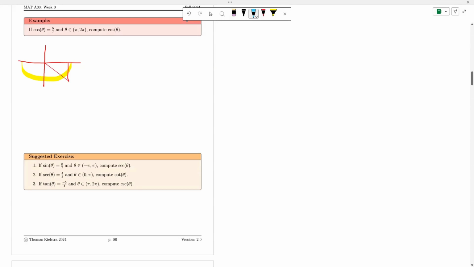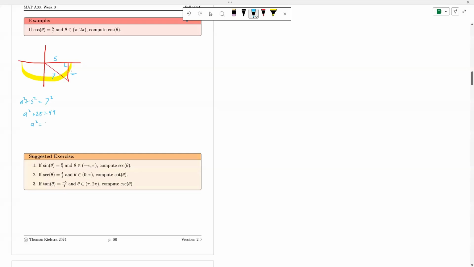And 5 by 7 means my adjacent is going to be 5, and my hypotenuse is going to be 7. Well, now to solve for this last side here, we're going to use the Pythagorean theorem because this is a right angle triangle. So a squared plus 5 squared equals 7 squared. A squared plus 25 equals 49.